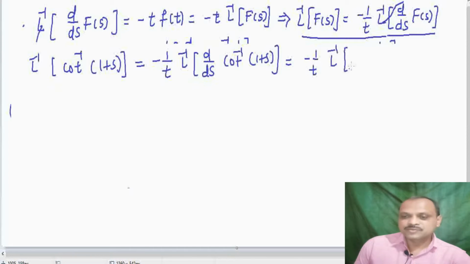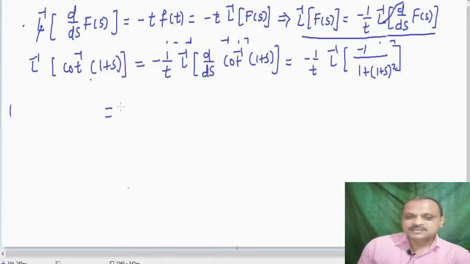L inverse of minus 1 divided by 1 plus s whole square. Equal to, you can see that minus minus will be plus, and here we get 1 divided by t, L inverse of 1 divided by s plus 1 whole square plus 1.